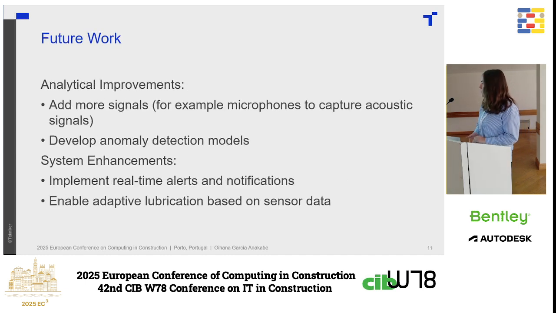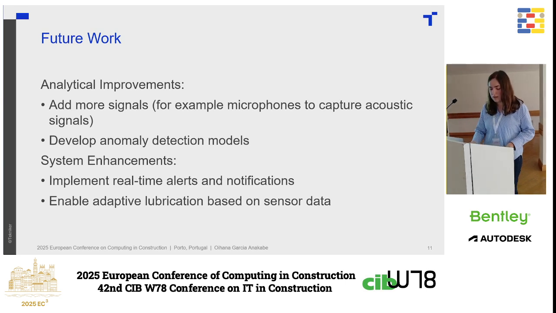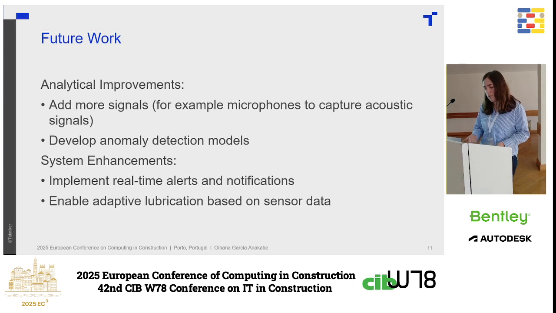For future work, in the analytical part, we would like to add more signals, for example microphones to capture acoustic signals, or more data overall, and also develop an anomaly detection model better than the outliers model, because the outliers one was classified with signals that were manually labeled. So another model would be nice to do.